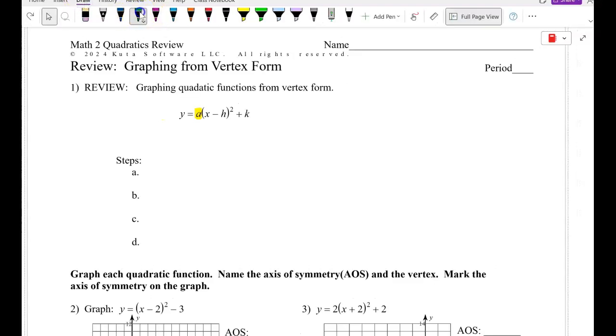It tells me what direction my parabola is going to open, so the direction of opening. And how wide or narrow the opening is.